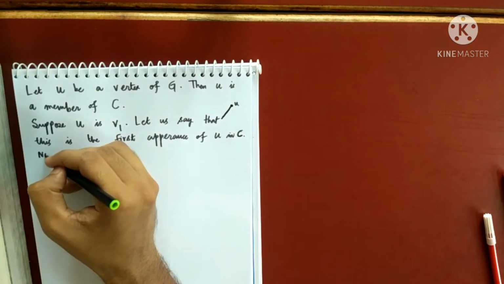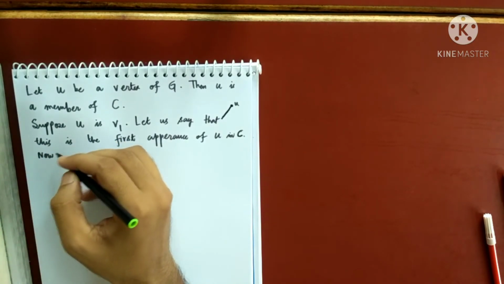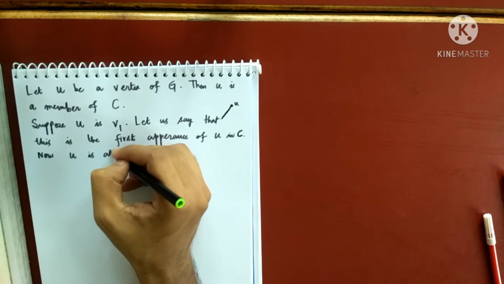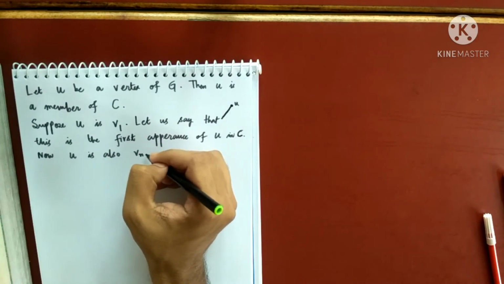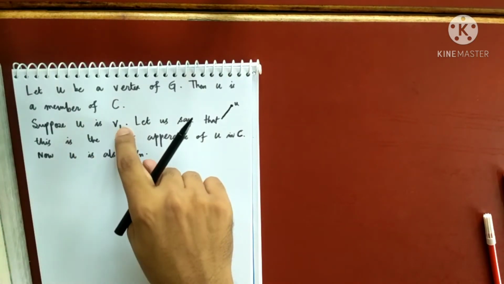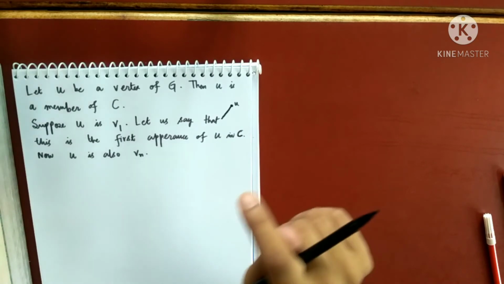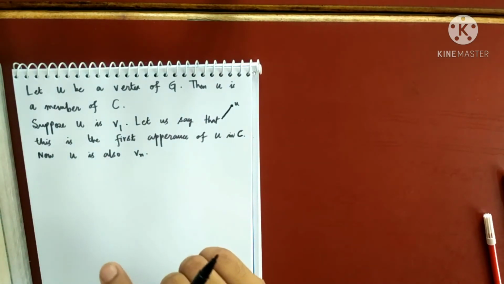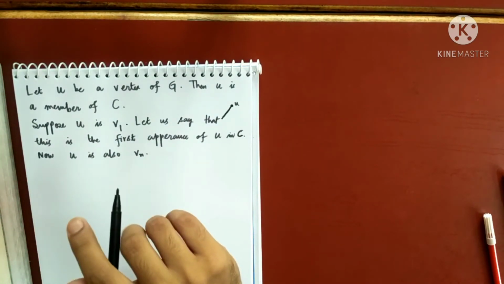Now, try to understand my point. U is also Vn. That is very obvious because the first vertex and the last vertex are same. So because U is same as the first vertex, U is also same as the last vertex. Okay?